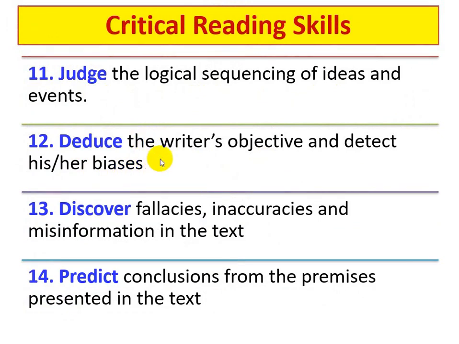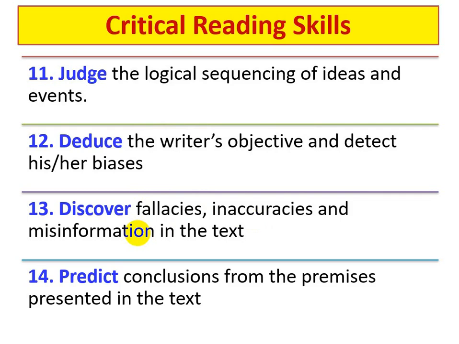And this is very important. What is the main or the major objective of the writer when he or she is writing this text? And are there any kind of biases or prejudices here? Number 13, to discover fallacies and inaccuracies and misinformation.